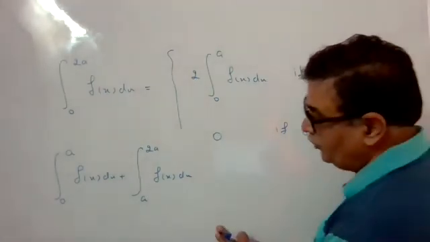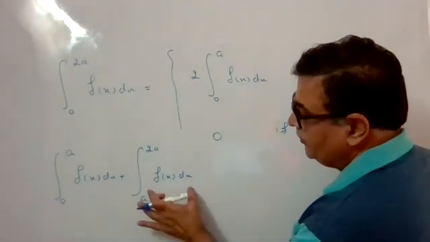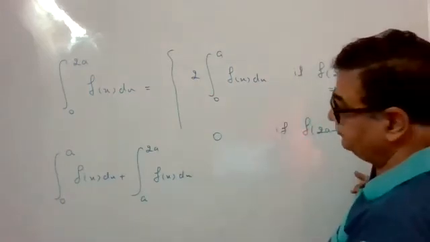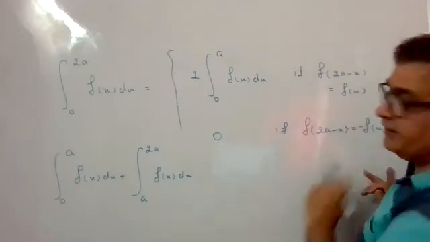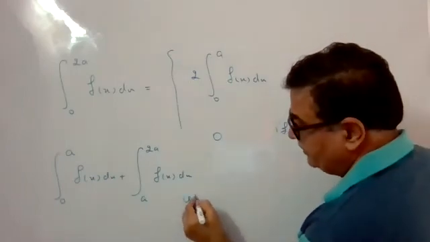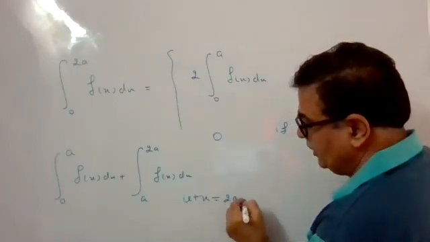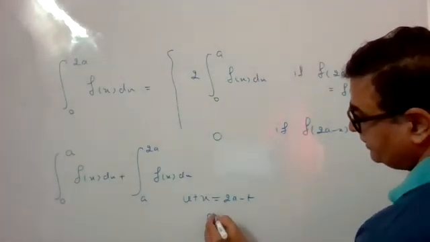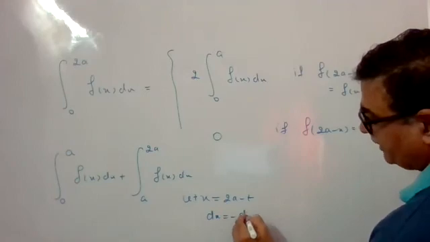When you get this, here we will take the assumption x as 2a minus t. This is the form that is coming, 2a minus x, so let x be 2a minus t. Then dx comes out to be minus of dt.